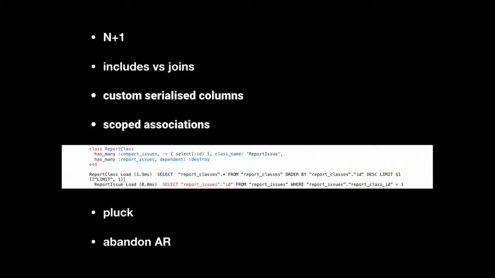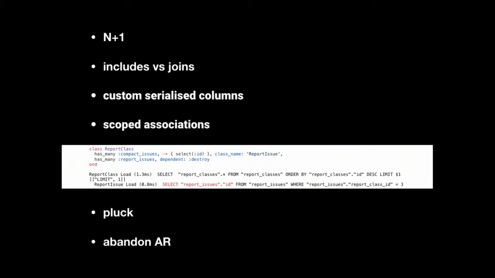We can also look into different considerations and choosing between includes versus joins. So includes becomes ineffective when we load too many records because it uses an array internally. So it passes an array of IDs.